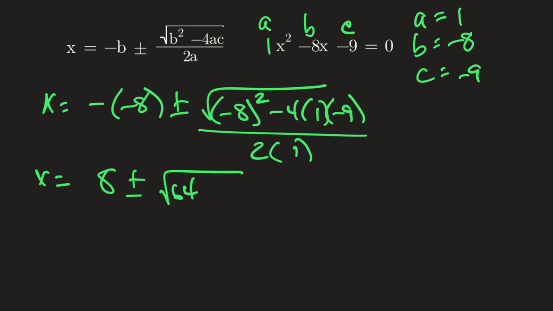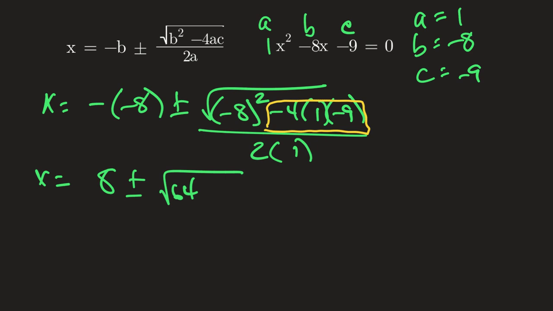Next. Okay, you guys see all this right here? I'm going to put it in yellow. That negative 4 times a times c, those three things are getting multiplied together. There are a lot of people that will have a tendency to want to subtract 4 here first. You want to multiply all three of those things first. What is negative 4 times 1? Negative 4. And negative 4 times negative 9?